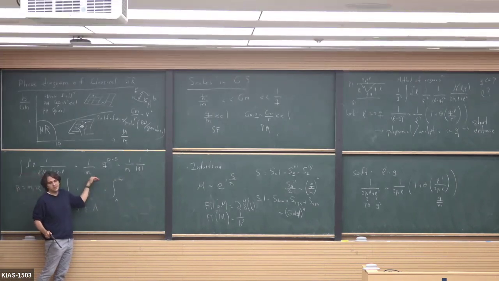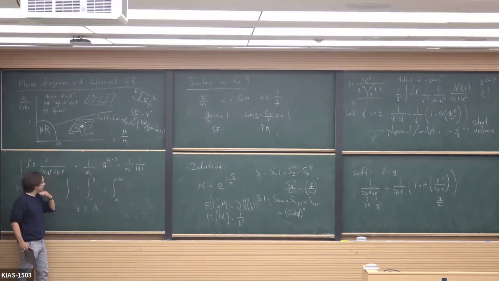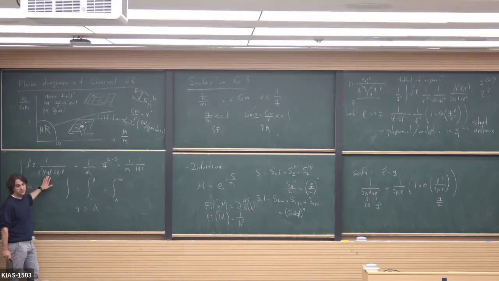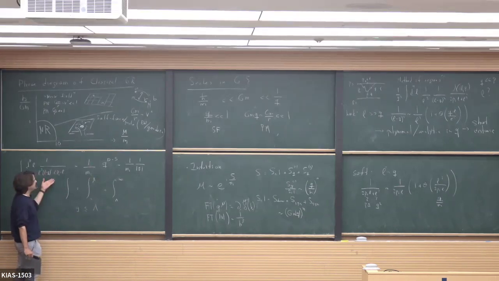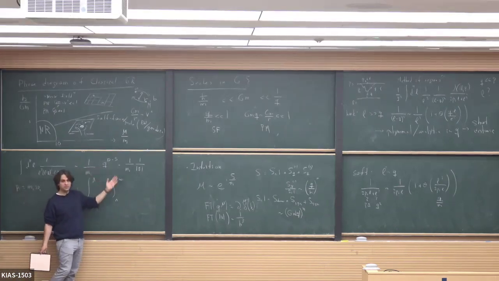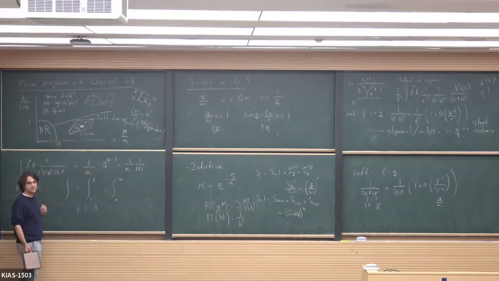So I need to introduce some intermediate scale. If I was doing calculations like this, I would have to be careful. In addition to Q, this is the subregion, the integral from 0 to lambda, which maybe is of order Q, but not exactly Q. So this could be this times some non-trivial function of Q over lambda, for instance.